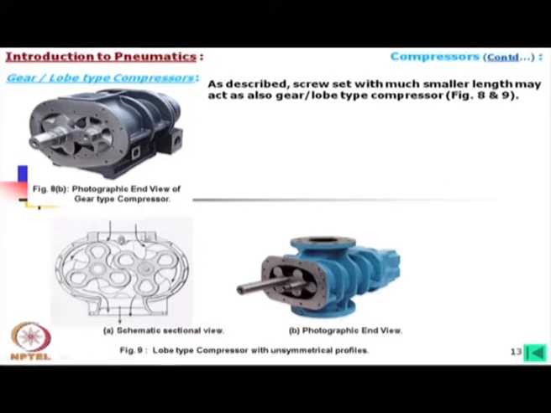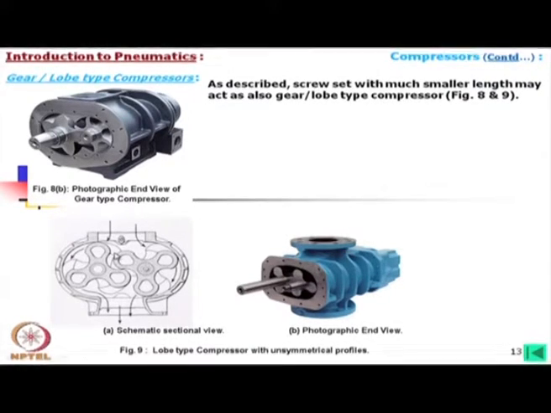But remember, like the gear pump, suppose this is rotating in this direction, then this will be inlet and this will be outlet. Normally if it is rotating like in this direction, then people get confused, perhaps air is flowing like this in case of gear pump also, but it is not like that. The air is coming in, then it is being trapped and it is going out.